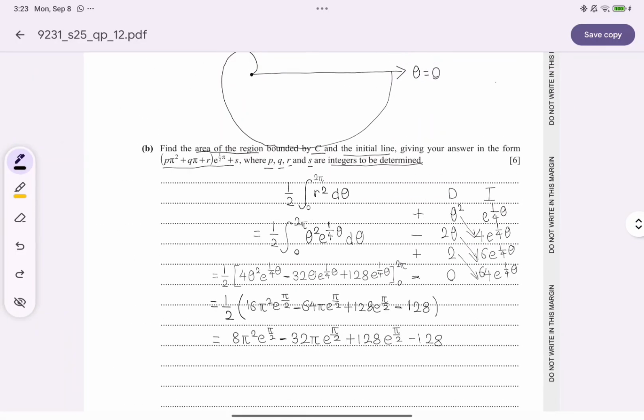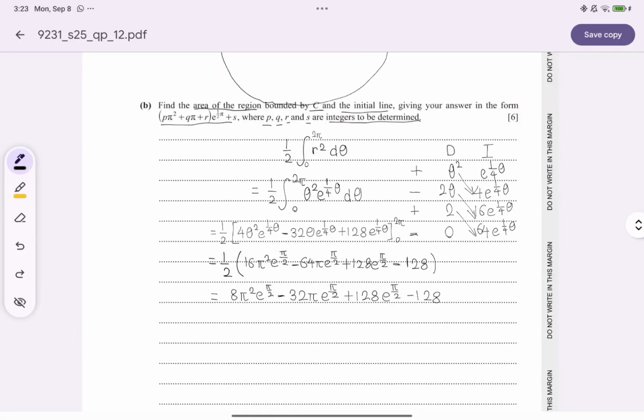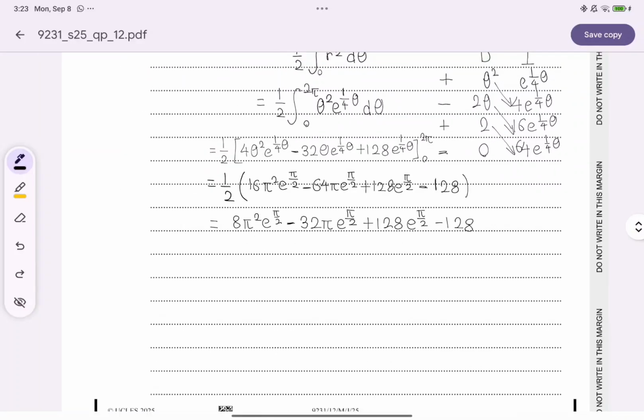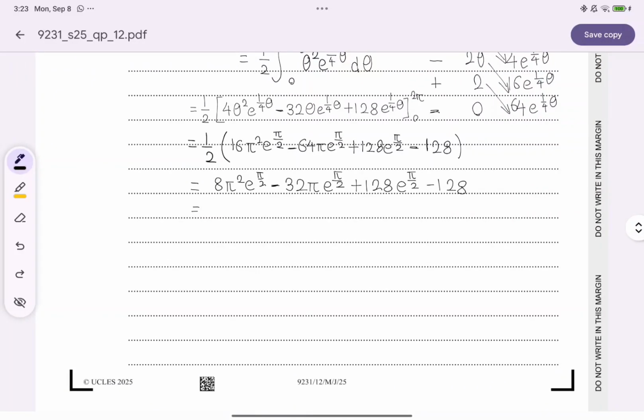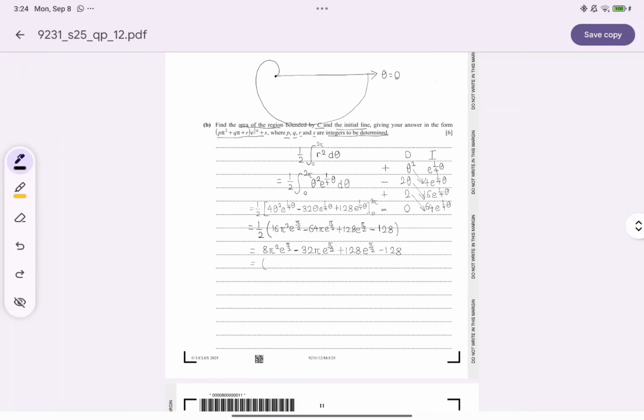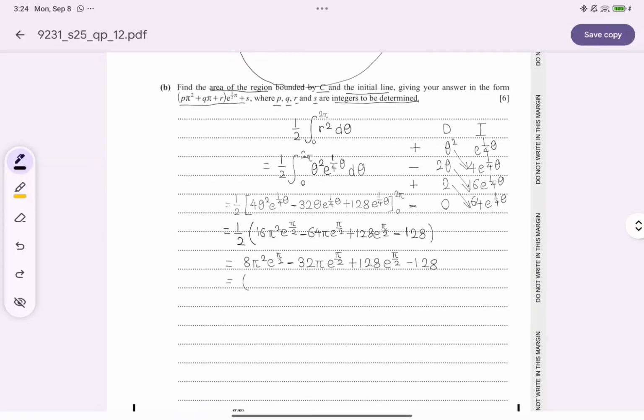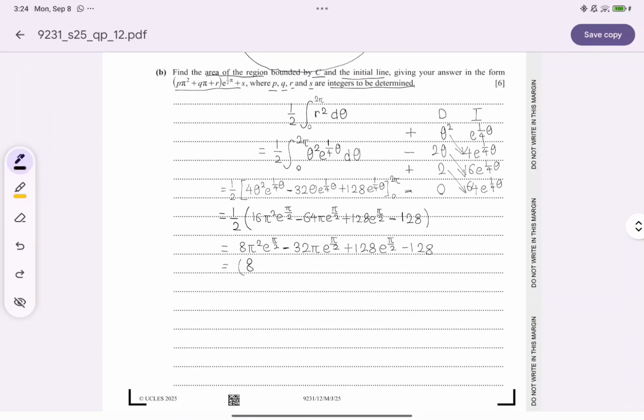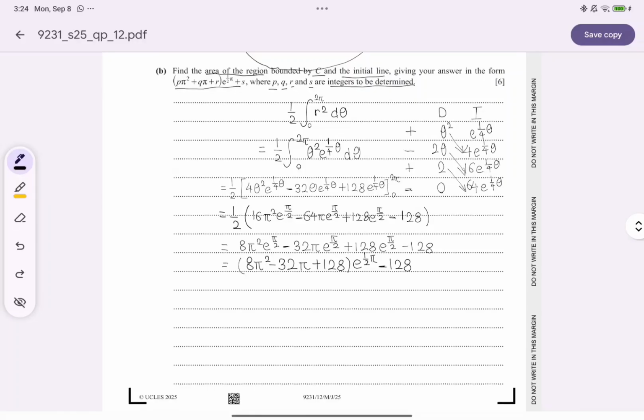So let's factor out e to the power of half pi for the first three terms, so as to get our answer in the required form. This would get us 8 pi squared minus 32 pi plus 128, times e to the power of half pi, minus 128.